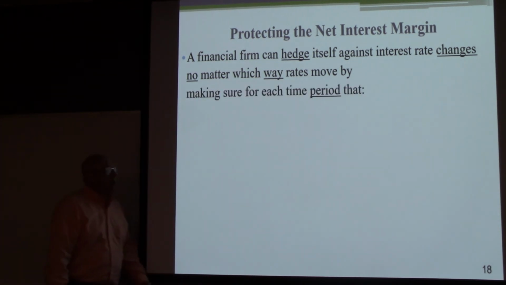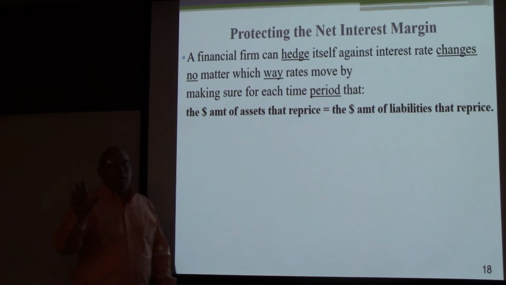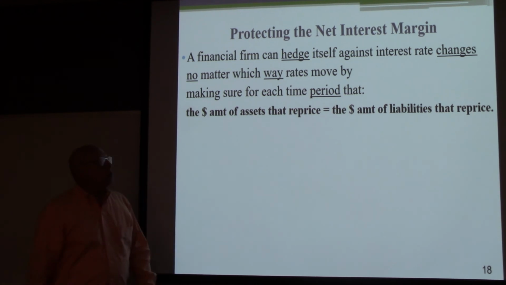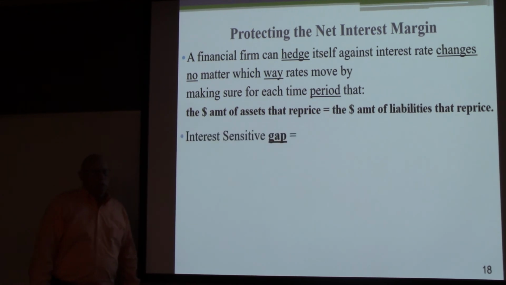By making sure that for each time period, the dollar amount of assets that reprice equal the dollar amount of liabilities that reprice. Okay? So you can see that already we've done a few calculations and we're getting ready to do more calculations. They're not that difficult. I'll let you bring in a card, but we're going to have to do some calculations.